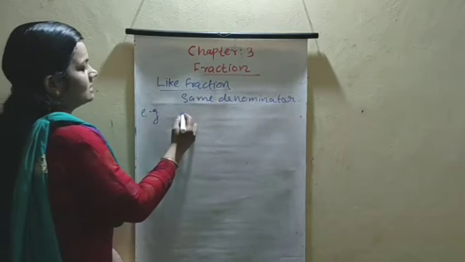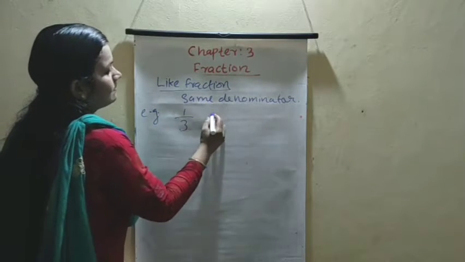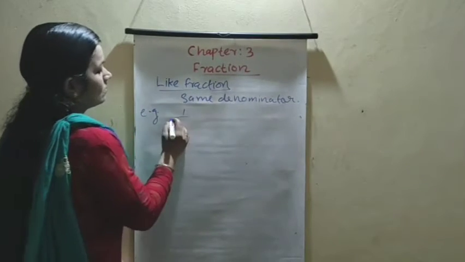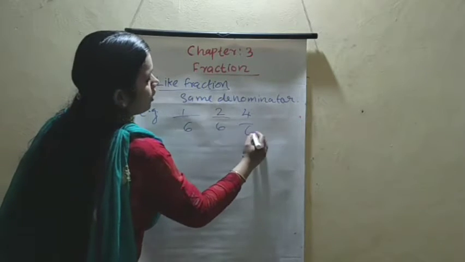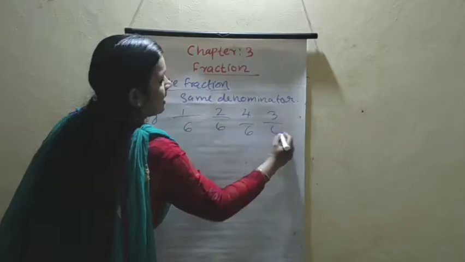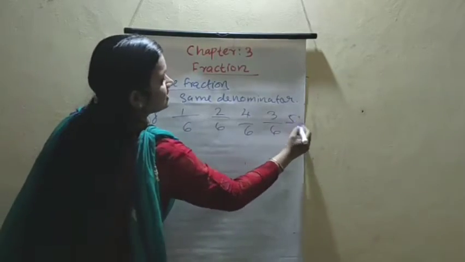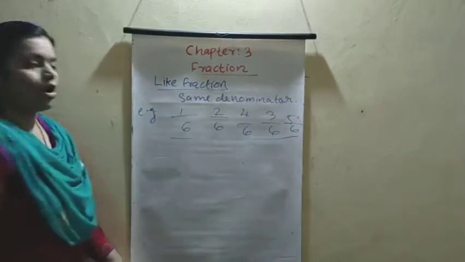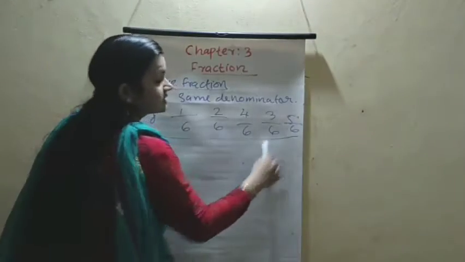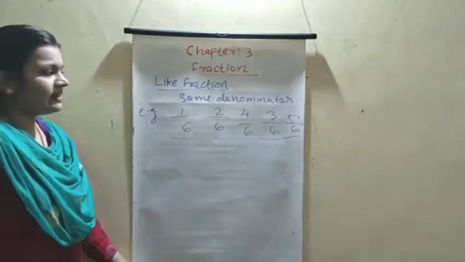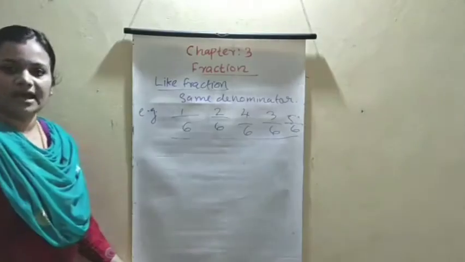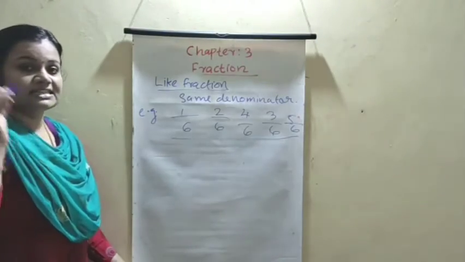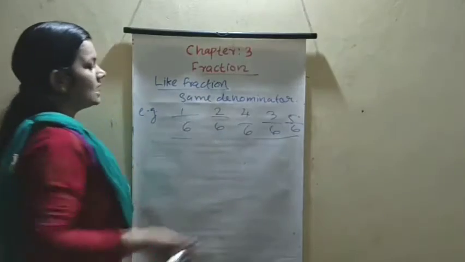Write the examples: 1 by 6, 2 by 6, 4 by 6, 3 by 6, 5 by 6. You check the denominators: all denominators are the same. So we can say that this type of fraction is called a like fraction. The fractions which have the same denominator are called like fractions.